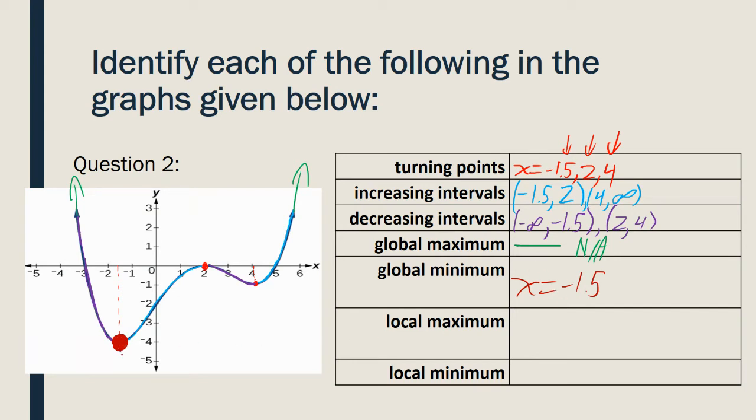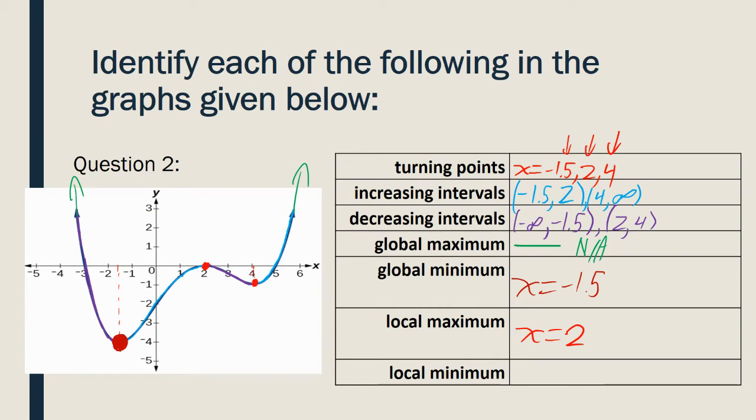So if that's my global minimum, now I'm going to look for my local maximum and my local minimums. For maximums, I'm looking for any other mountains in this range. So here's a mountain, here's a little peak right here at x equals 2. There are no other maximums, there are no other mountains. And here's a valley.